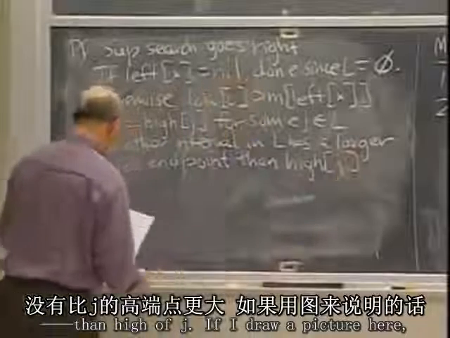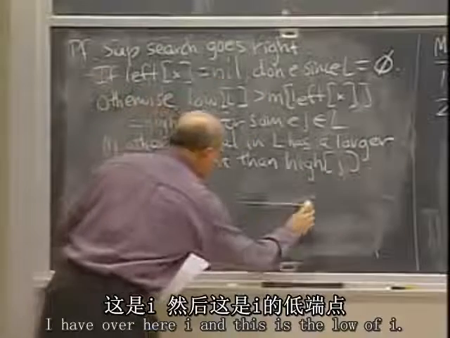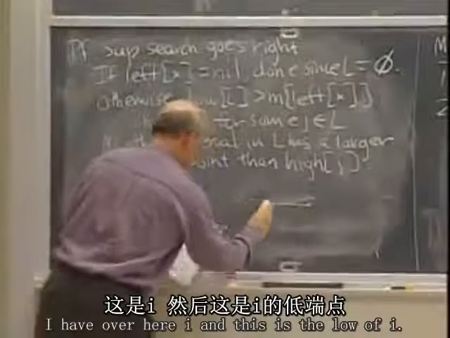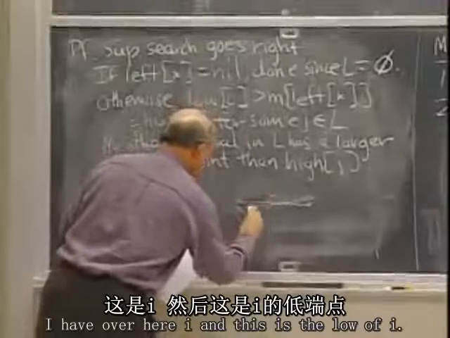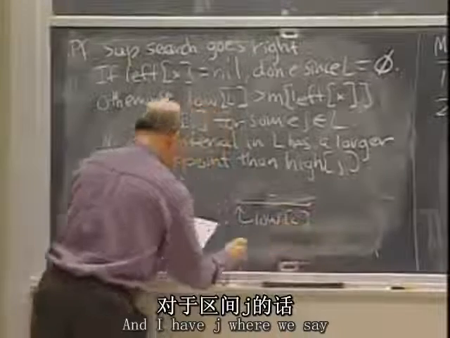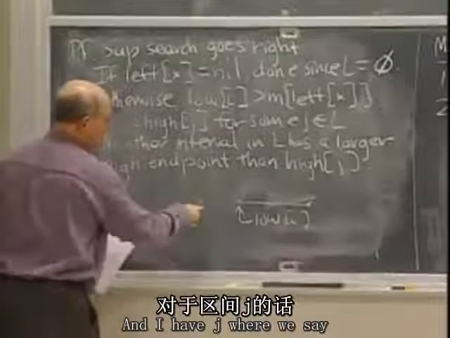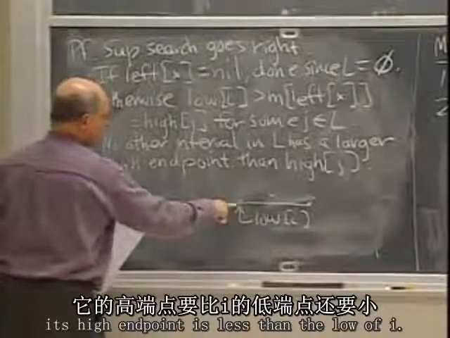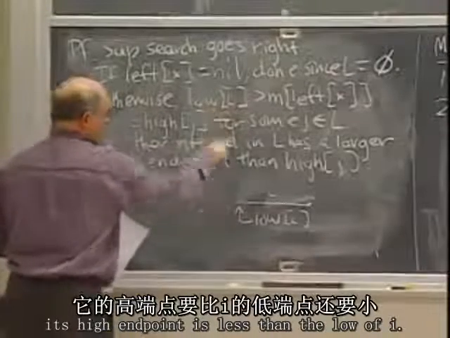So if I draw a picture here, I have I, and this is the low of I. And I have j, where we say its high endpoint is less than the low of I.